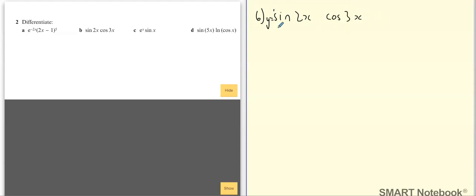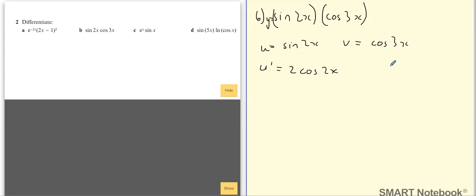I've got a product of two functions, so I'm going to say u equals sine 2x and v equals cos 3x. u dash: when you differentiate sine f of x, you get f dash of x times cos, so this becomes 2 cos 2x. v dash is minus 3 sine 3x.